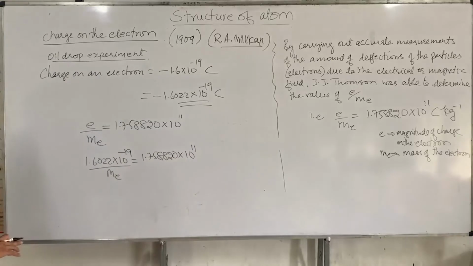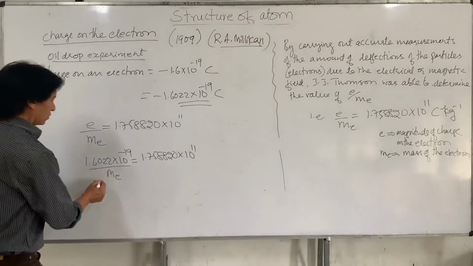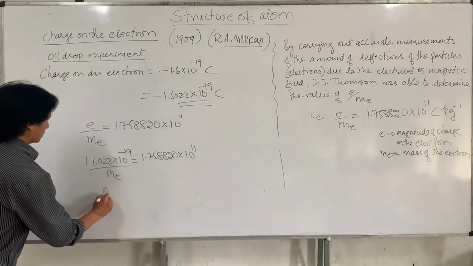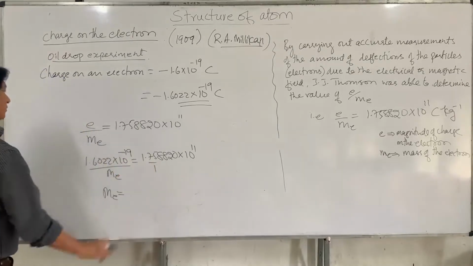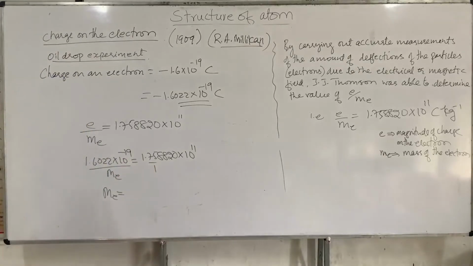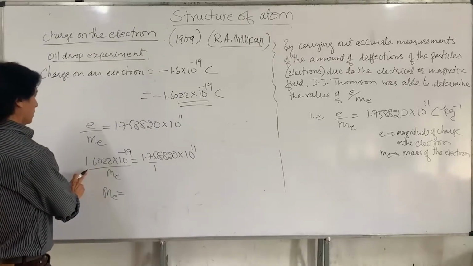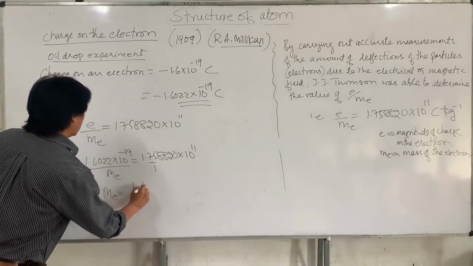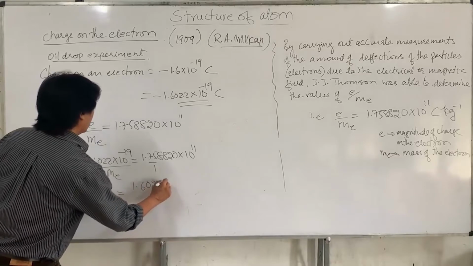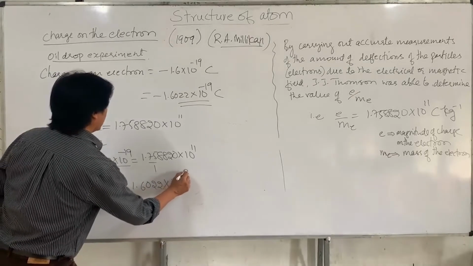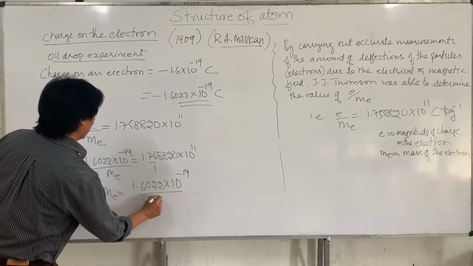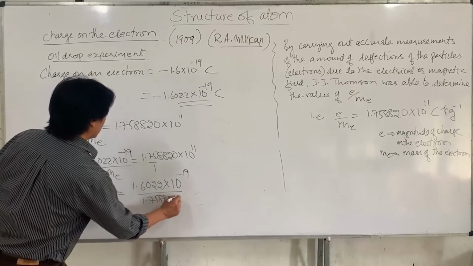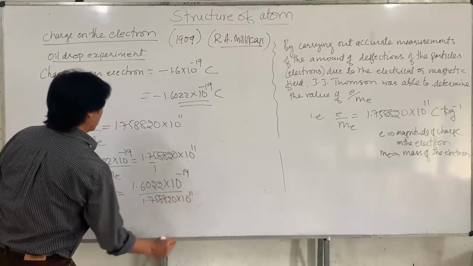Now when we simplify this expression, the only unknown quantity here is me, the mass of the electron. When you cross multiply, you have to divide 1.6022 into 10 raised to the power negative 19 by 1.758820 into 10 raised to the power 11.